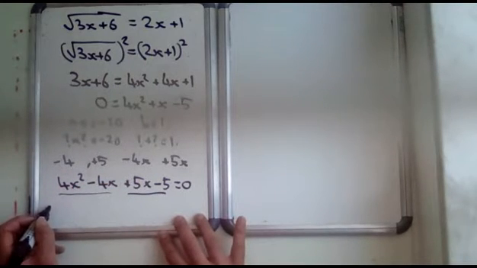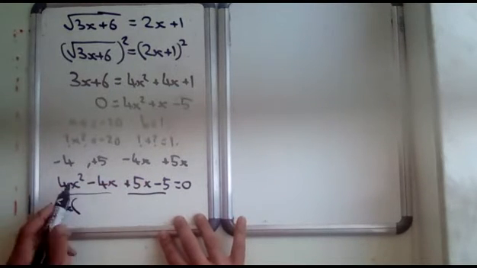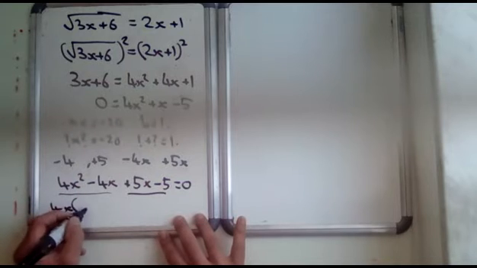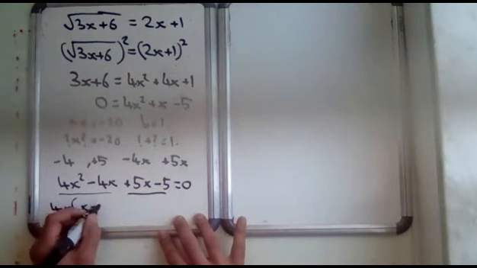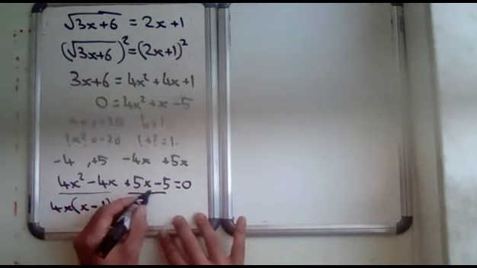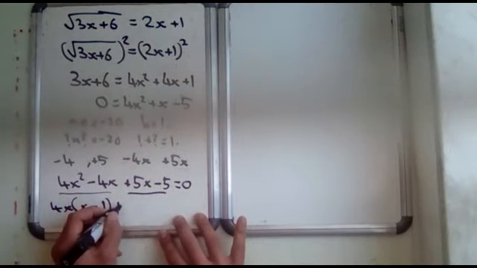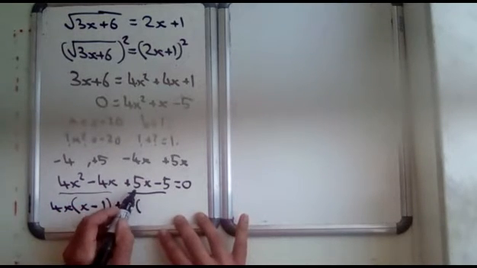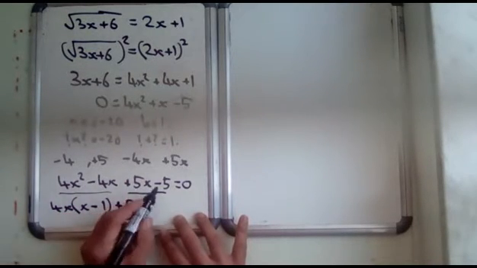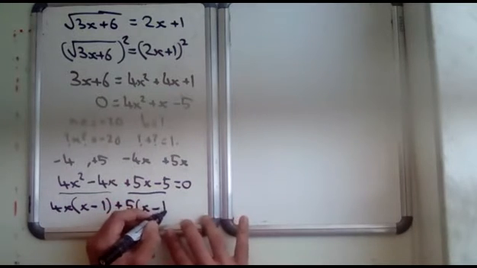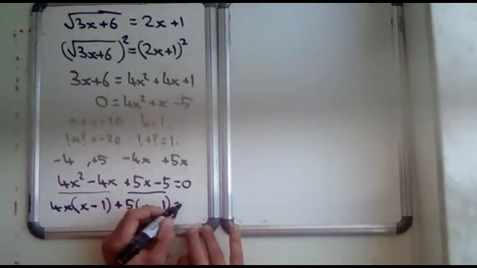Highest common factor there is 4x. So 4x times x makes 4x squared, 4x times minus 1 makes minus 4x. Same with these two, highest common factor is 5, so plus 5, 5 times x is 5x, 5 times minus 1 is minus 5 equals 0.